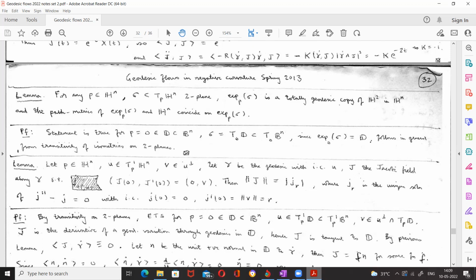So these will give a class of examples of CAT(-1) spaces, namely simply connected complete manifolds with sectional curvature less than or equal to -1. Okay, so these will have variable negative curvature in general, right? The sectional curvature is not constant, whereas for Hn, the sectional curvature was constant, equal to -1. So, okay.